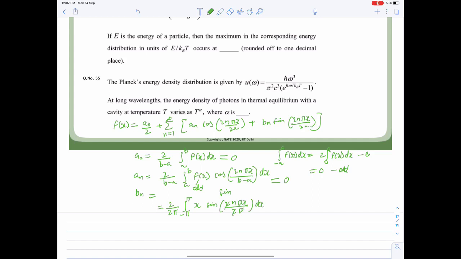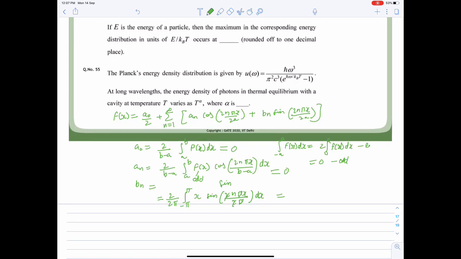You can apply integration by parts here. It will become 1 upon pi, and I can turn this into 2 times the integral from 0 to pi of x sin nx dx.